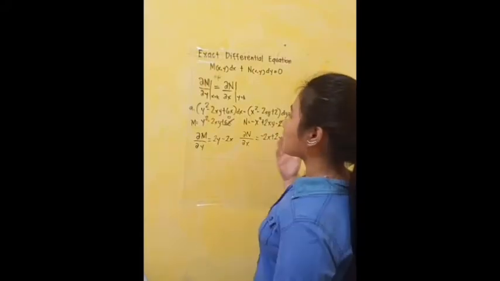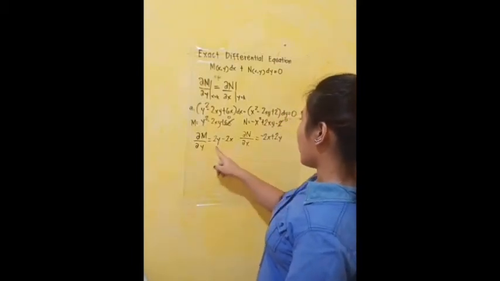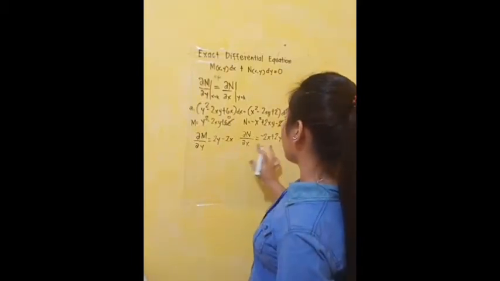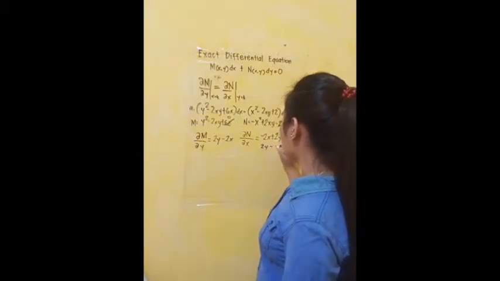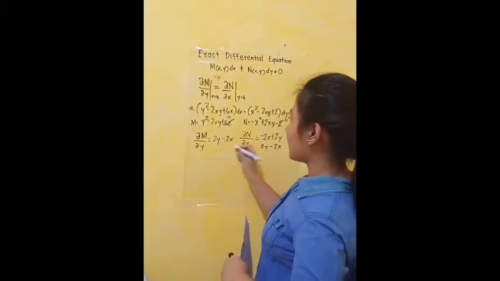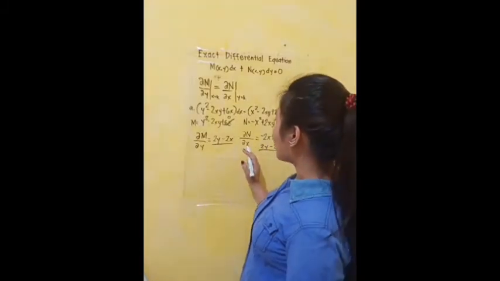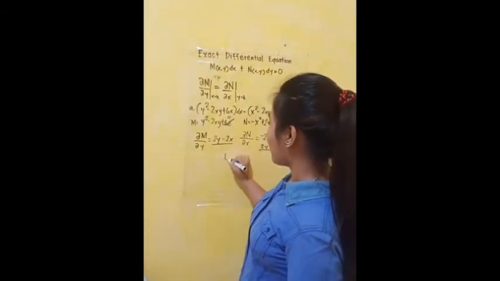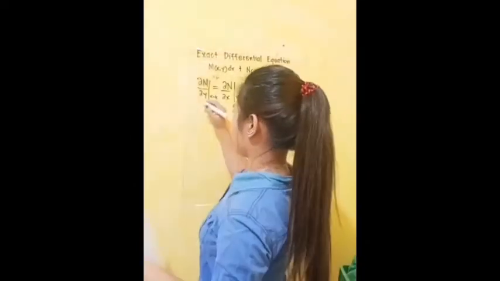So, pagkatapos niya, titignan natin kung magkamukha ba sila ng naging sagot. So, ayan, parehas naman, pero magkaiba lang ng arrangement. So, gawin natin itong 2y minus 2x. Same pa rin naman para makita natin na same sila. So, this is exact differential equation.